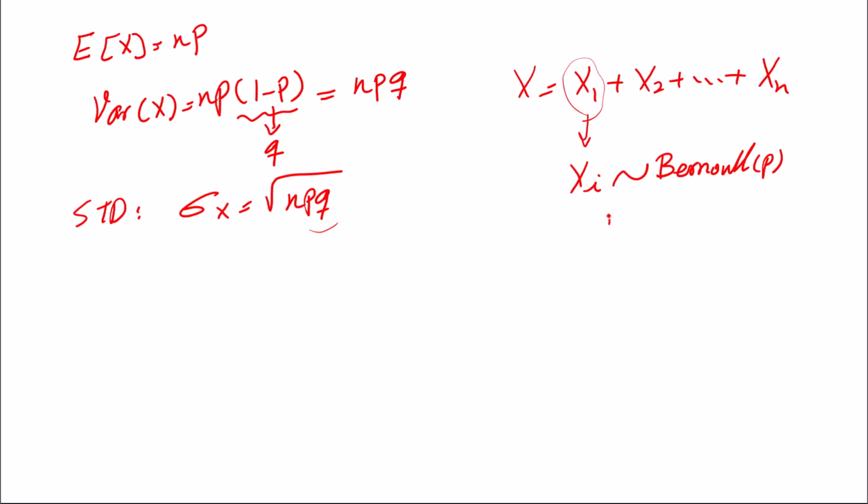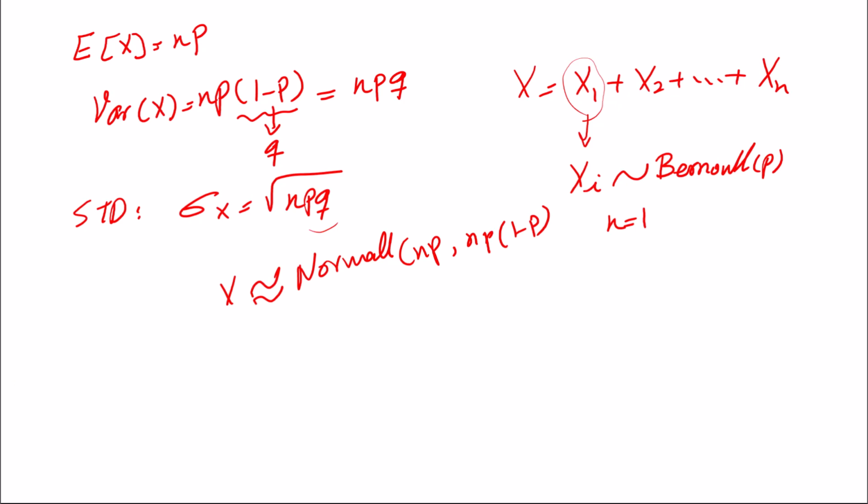And if n is equal to 1, then binomial is the same as the Bernoulli distribution. If we have a large n and p not too close to 1 or 0, then the binomial distribution can be approximated by a normal distribution. We can say it follows a normal distribution with mean np and variance np(1 minus p).